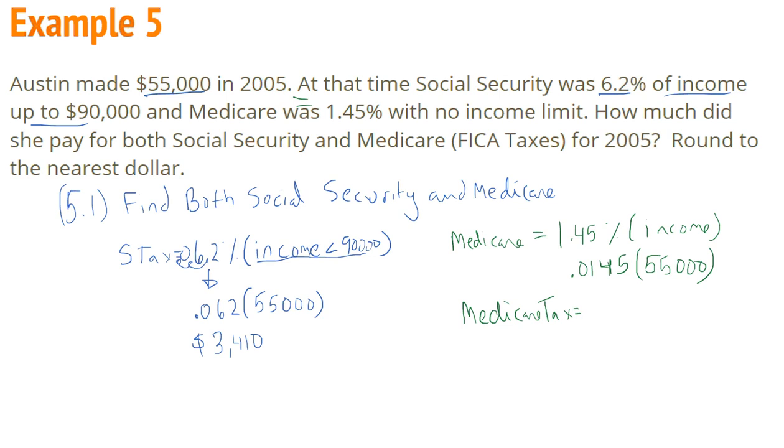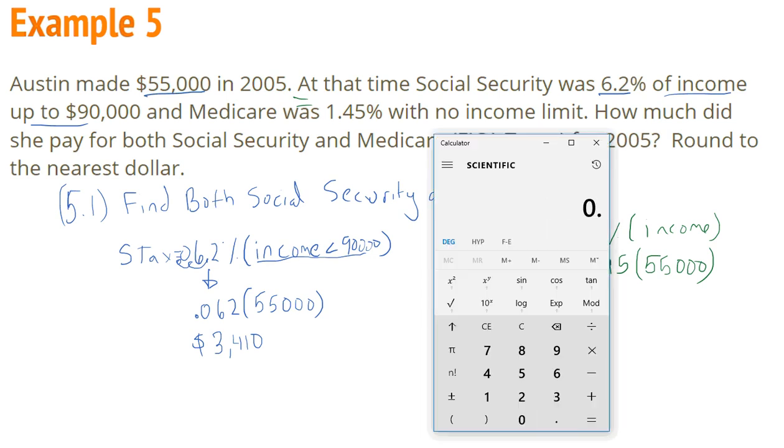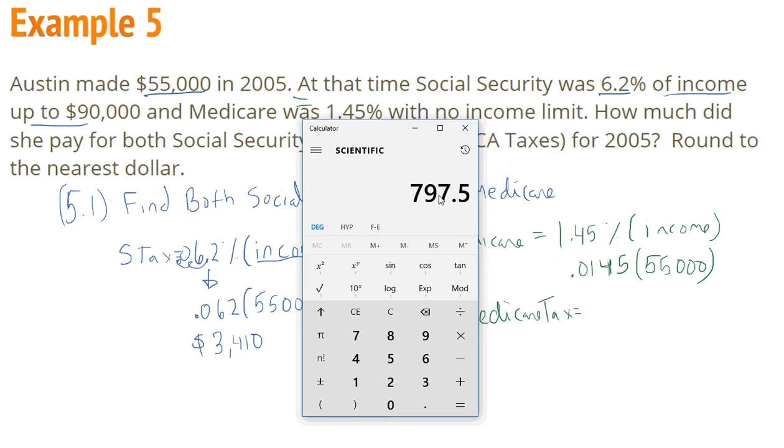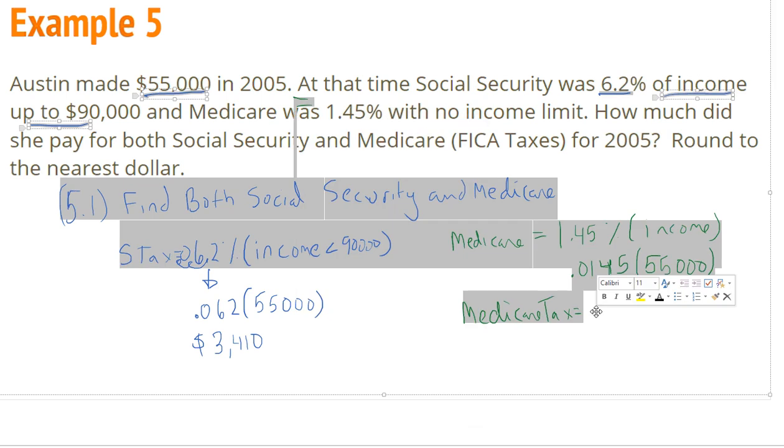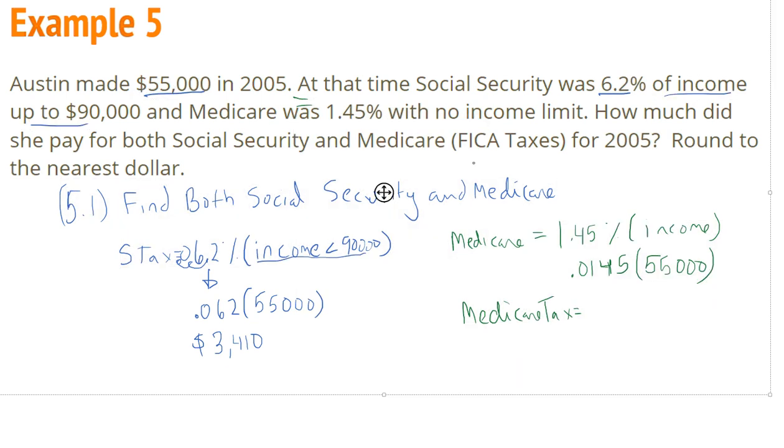All right, so pull up our calculator. 0.0145 times $55,000, and we get $797.50. Now, it wants us to find the both of them.